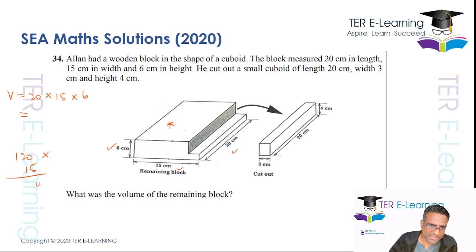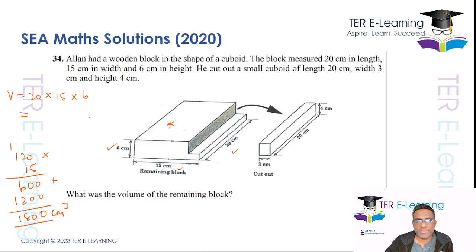So 0 5s are 0, 2 5s are 10, 1 5 is 5 and 1 6, right? Then we have to add, so put a 0 here, 0 by 1 is 0, 2 by 1 is 2, 1. So this is going to be 1800 cm cube, right? So that's the original volume of this thing here, 1800 cm cube, right?